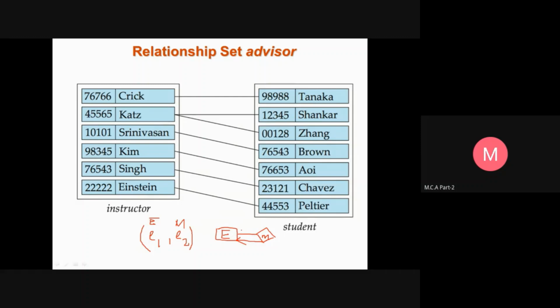So I will say this is the employee and this is your manager. So I need these roles. Or I say manager and managee. So this becomes your manager and this becomes your managee.